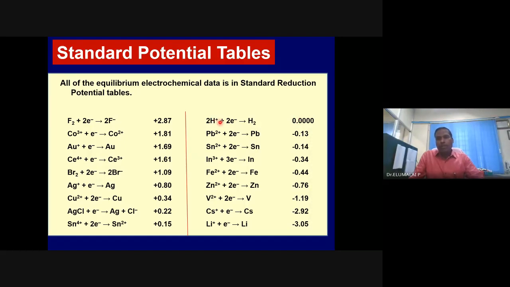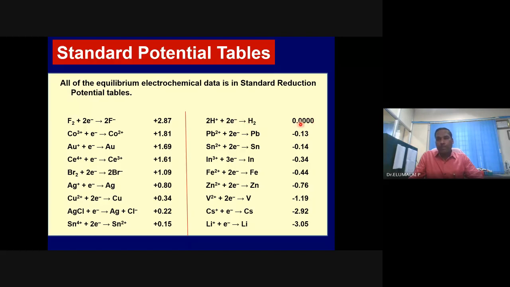H plus reducing to hydrogen occurs at zero voltage. This is arbitrarily, theoretically taken. All other electrode potentials and reduction potentials are arranged with respect to this potential.